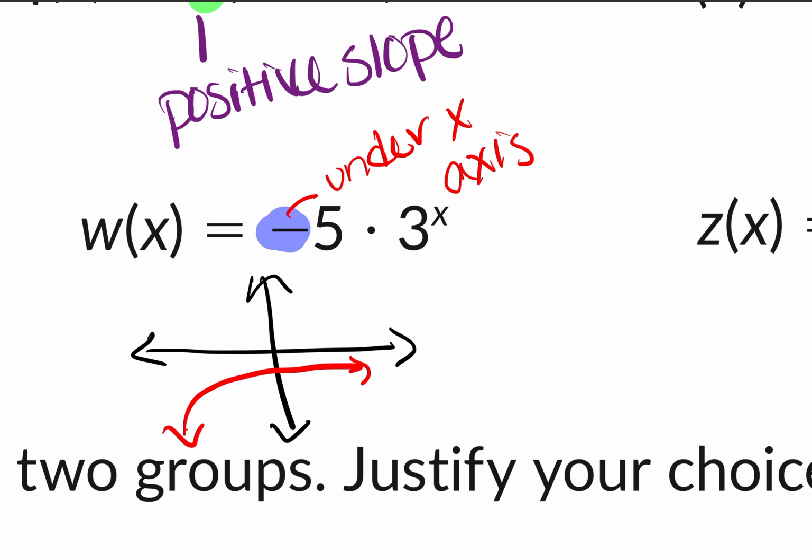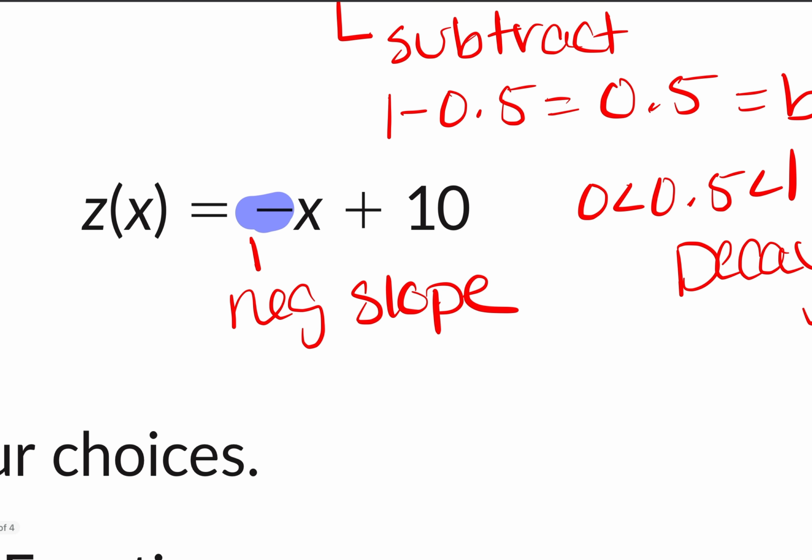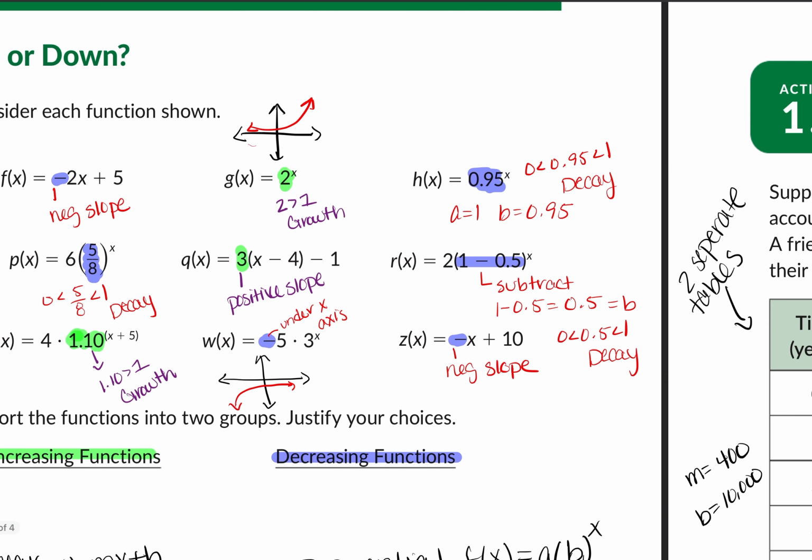So there is your visual. Yes, it's growing, but it's always going to be negative no matter what because of that negative sign in front of our A. This one is negative, meaning our slope is -1, which means decreasing. So that is how we broke them down.